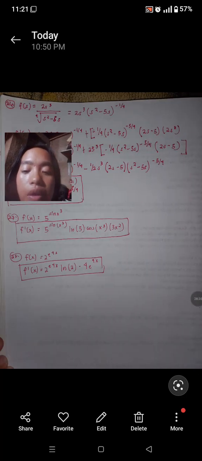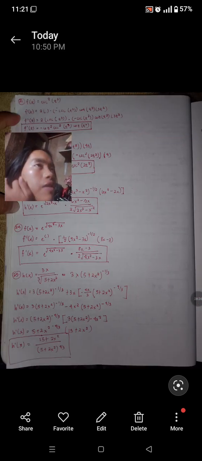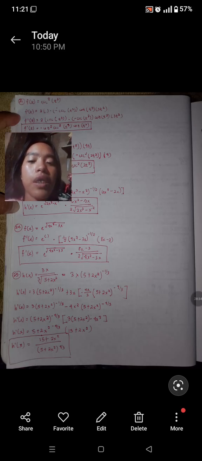Now let's find another one. Alright, so that is all. Those are some of the problems that we will encounter in derivatives. We will encounter the derivatives of the trigonometric functions, the basic ones, and what's most important is that we know the rules in derivatives, the 8 basic rules, the rules in differentiation of the trigonometric functions, and then we know how to follow the rules.